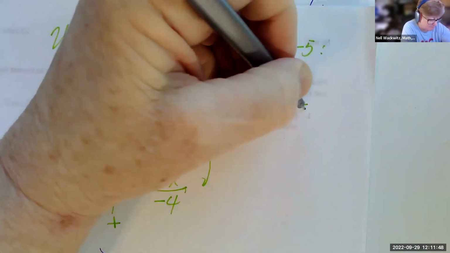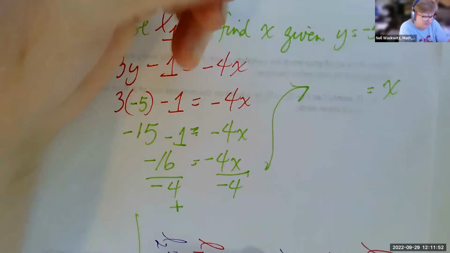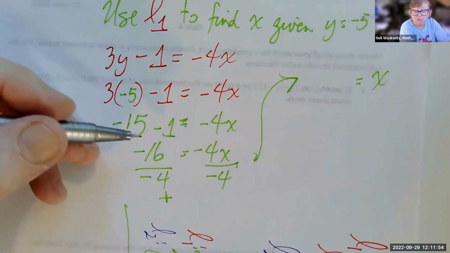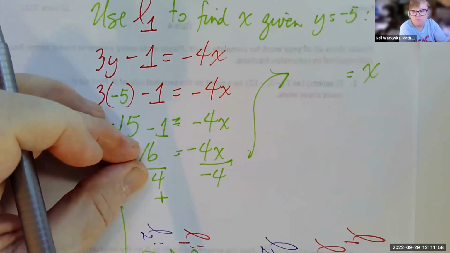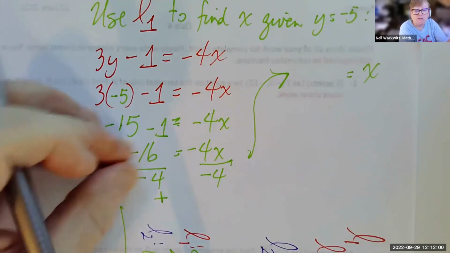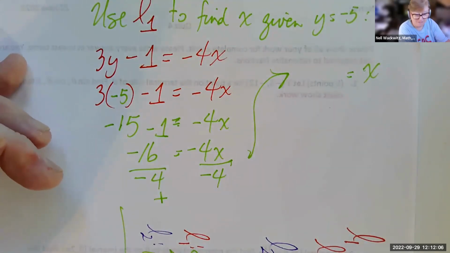Negative 4 divided by negative 4, x. Good. And let's do this in 2 steps, even if y'all don't need to. 16 divided by 4, negative divided by negative, positive. Good.